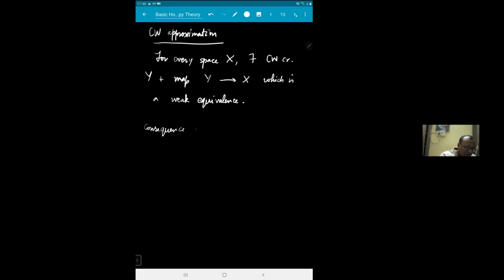The consequence of this CW approximation, and also of course Whitehead's theorem earlier, which says that every weak equivalence between CW complexes is actually a homotopy equivalence. So what is the consequence of this?